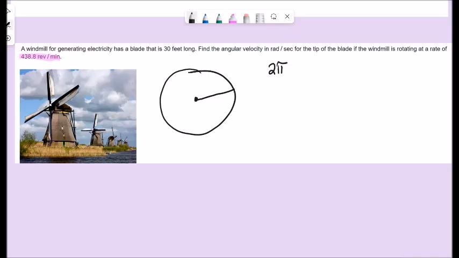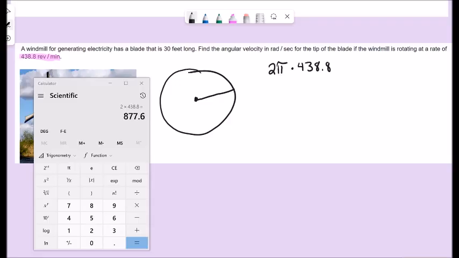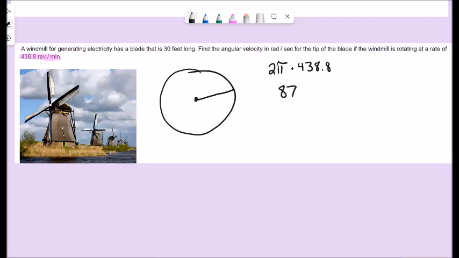So we're going to do that by taking the 2 pi, the circumference of a circle, and multiplying that by 438.8. All right, so that can be represented as 877.6 times pi. Okay, so that's our theta there. That's the distance in radians.